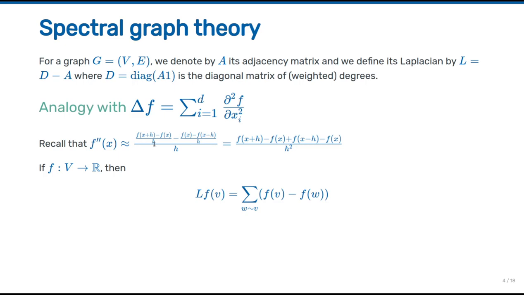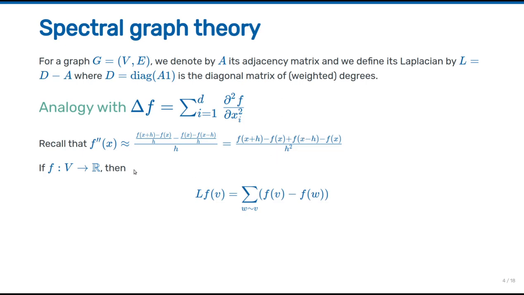If you have only one dimension, then you can approximate the second derivative by this formula. So this is the derivative just above, just below, and since you are looking at the second derivative, you are subtracting them and dividing by h. And you see that here you are adding in each time the increment of f from x to the left and to the right.